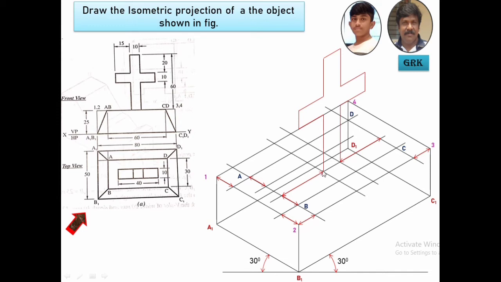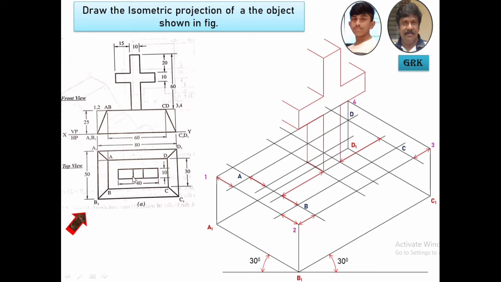So let's start drawing all this width equal to 10 mm. So I've drawn 10 here, take on the vertical, it goes there. Then we'll draw 10 from here. From all the corners, I've drawn a line parallel to this 30°.